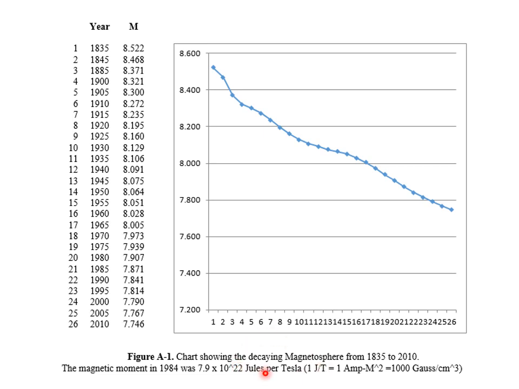Each year we took that measurement, all the way down to 2010, and at that time it was 7.75 times 10 to the 22nd joules per Tesla.